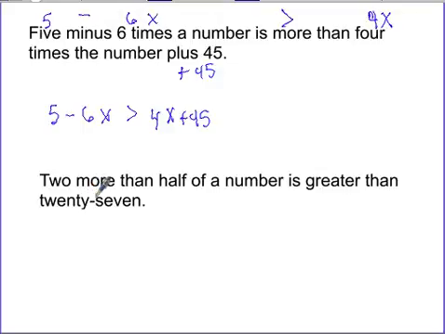What do you want to do first? Subtract 45. Add 6x. Add 6x, and then subtract 45. So we've got negative 40 is greater than 10x.